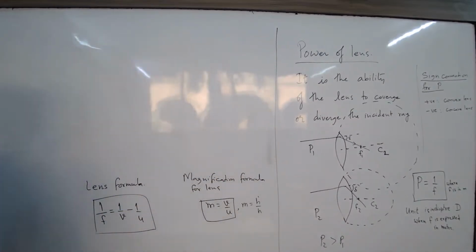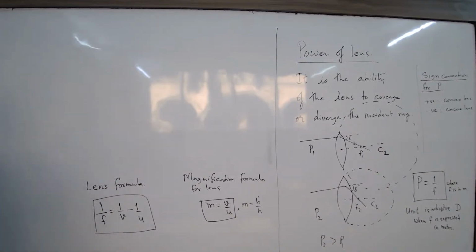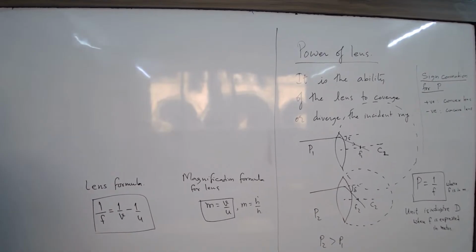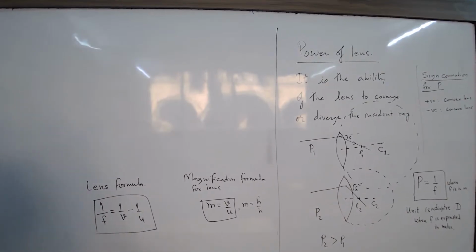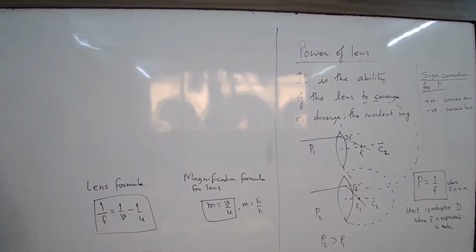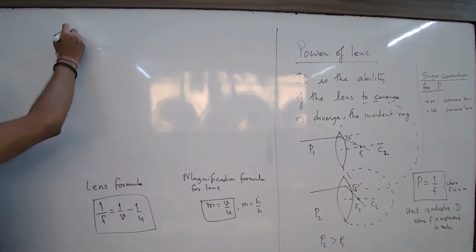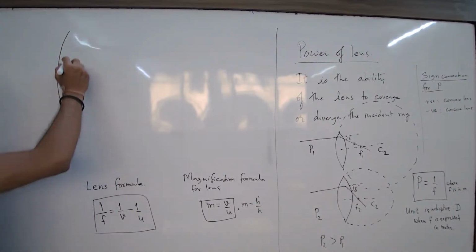Sir, when a ray passes through the optical center, why doesn't it go through any deviation? So basically for that you have to understand the structure.